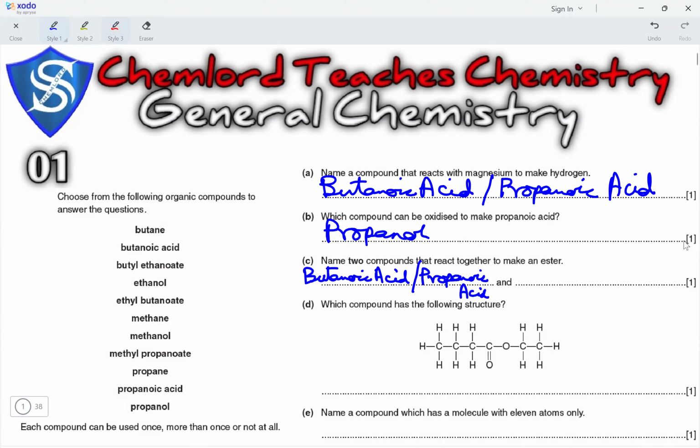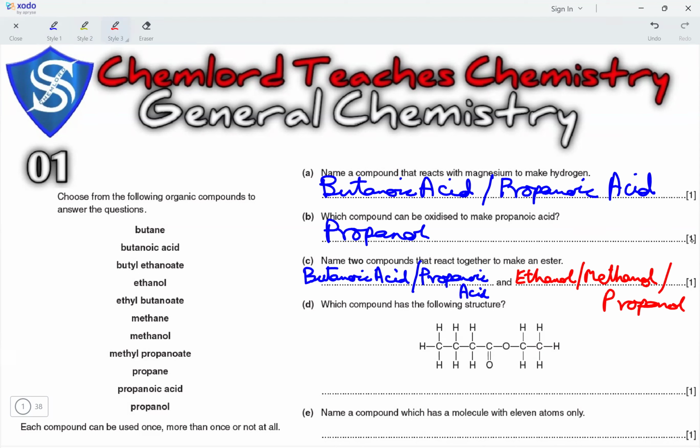And the choices of alcohols include ethanol, methanol, or propanol. Either carboxylic acid and either alcohol would be the correct answer for this question.